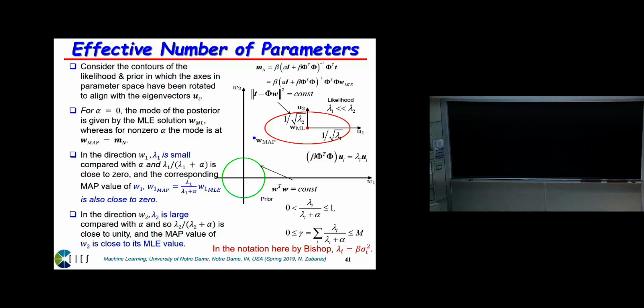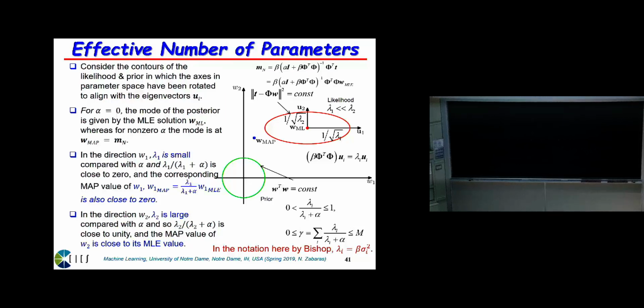Okay? So I am not making the statements up. Lambda 1, the way I have it, is the smallest eigenvalue, and corresponds to the direction U1, where the uncertainty is the highest. Now, if the uncertainty in W is the highest, that means the data cannot really compute an estimate of W properly.